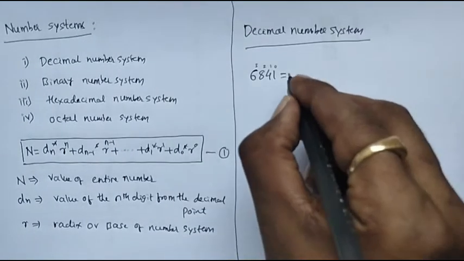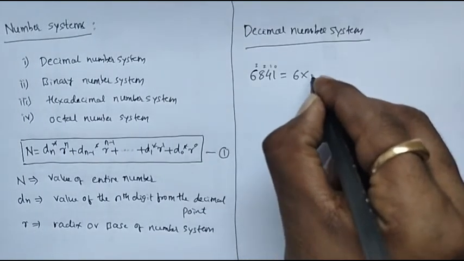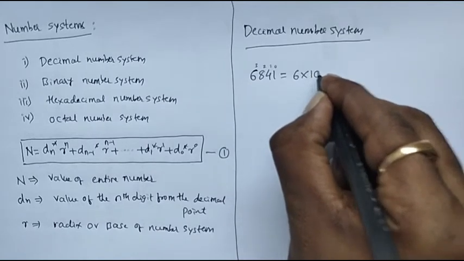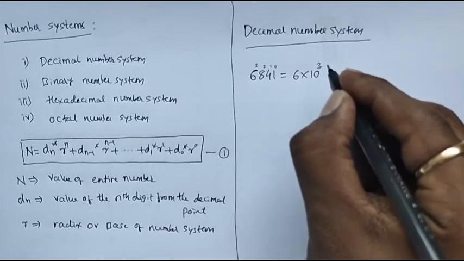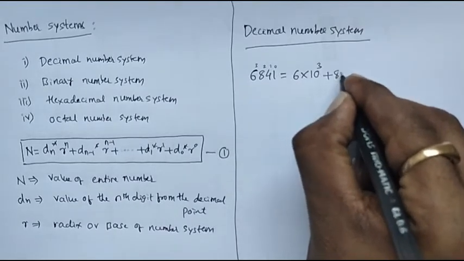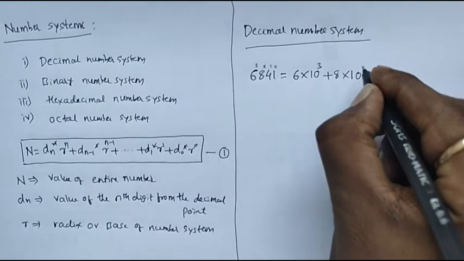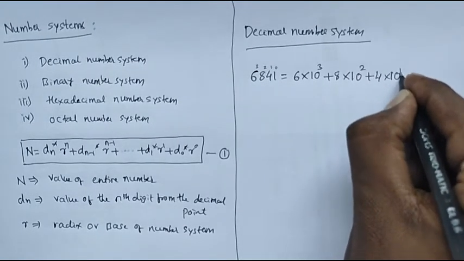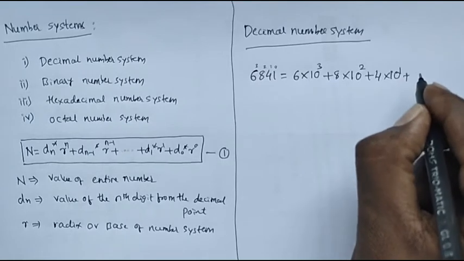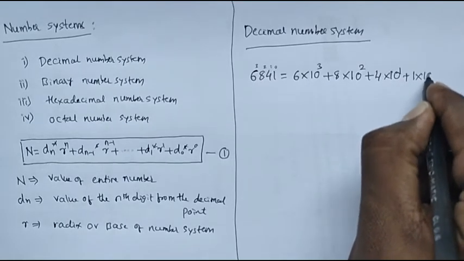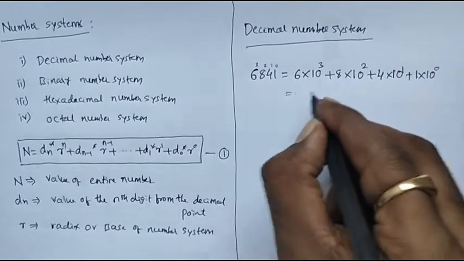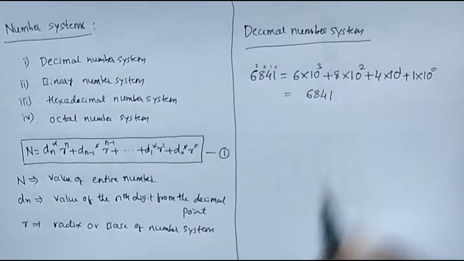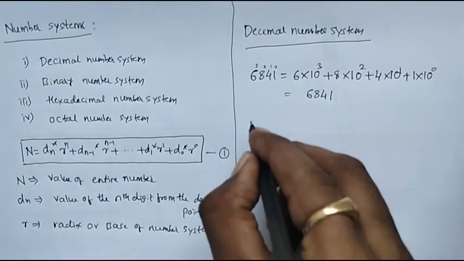Now it can be represented as 6 into r, base in decimal number system is 10, raised to 3 plus 8 into 10 raised to 2 plus 4 into 10 raised to 1 plus 1 into 10 raised to 0. If we simplify this, we will get 6841.